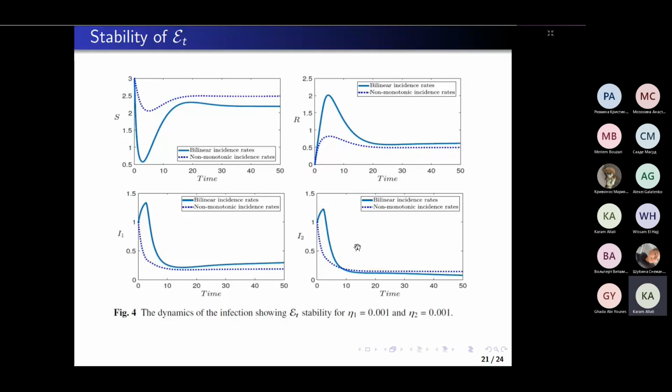And here in the bottom curves, left I1 stays at a positive level, it doesn't vanish. And here the I2 bottom curve doesn't vanish also. So it stays at a positive level.